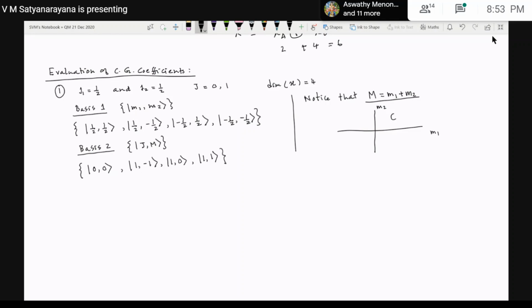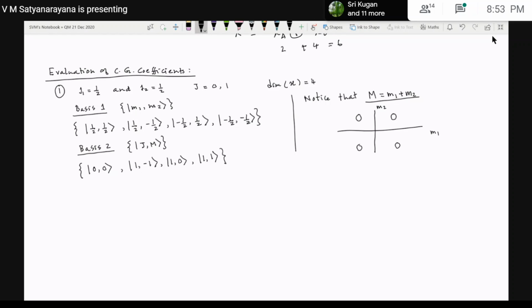Let's say this is half, half, this is minus half, half, this is minus half, minus half, and this is half, minus half. So this is how these states are placed.